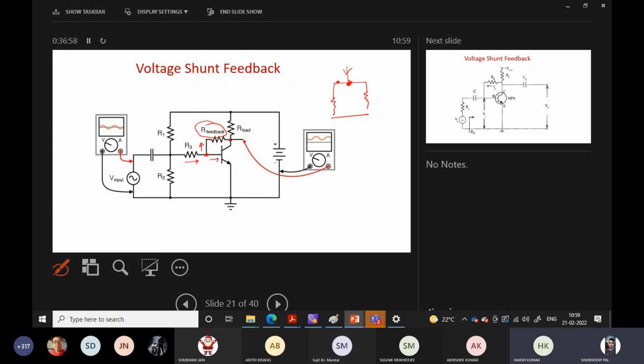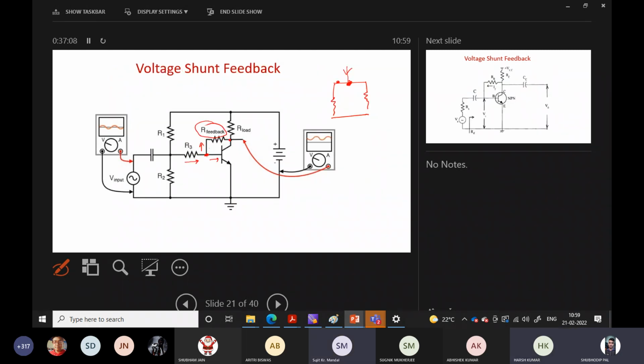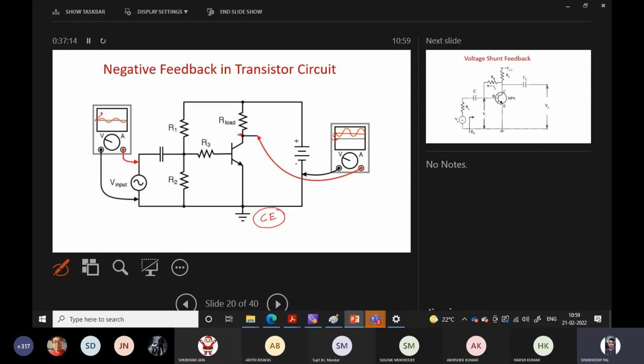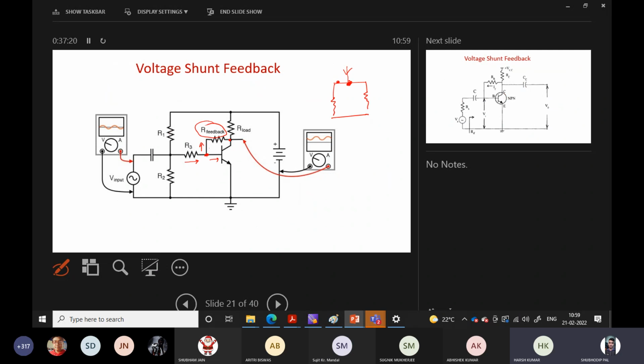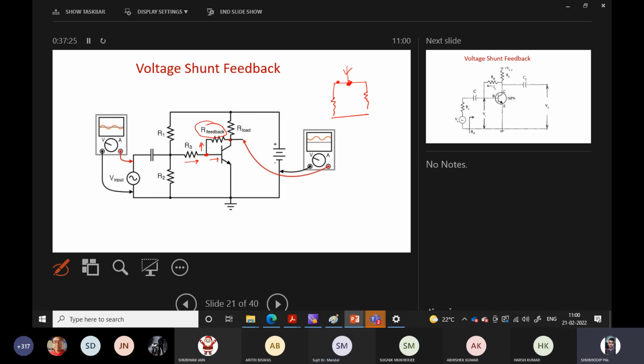Sir, in the voltage shunt feedback, slide number 22, I was asking the question. Here also, a part of current is going to the input side, so we are not getting the full output current. Then why is it named voltage shunt feedback?